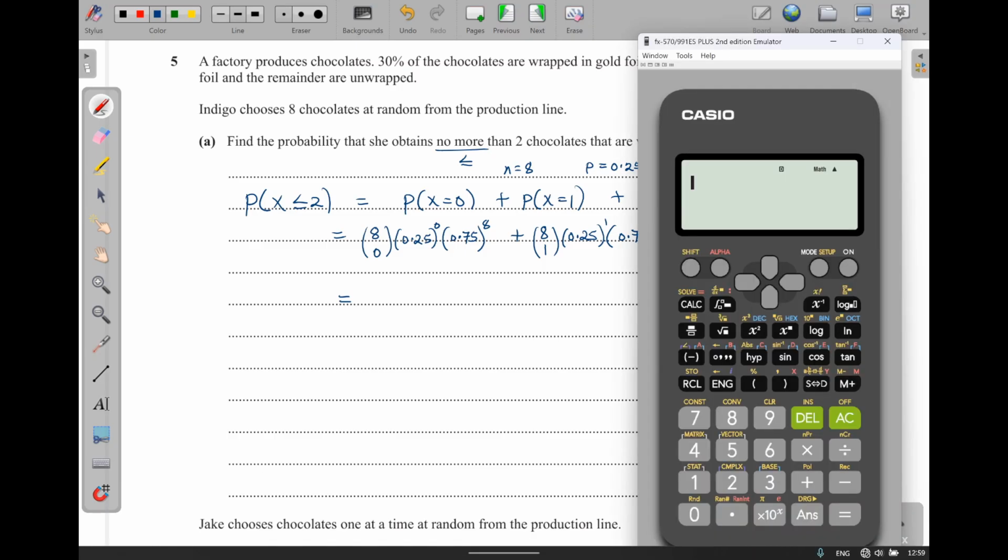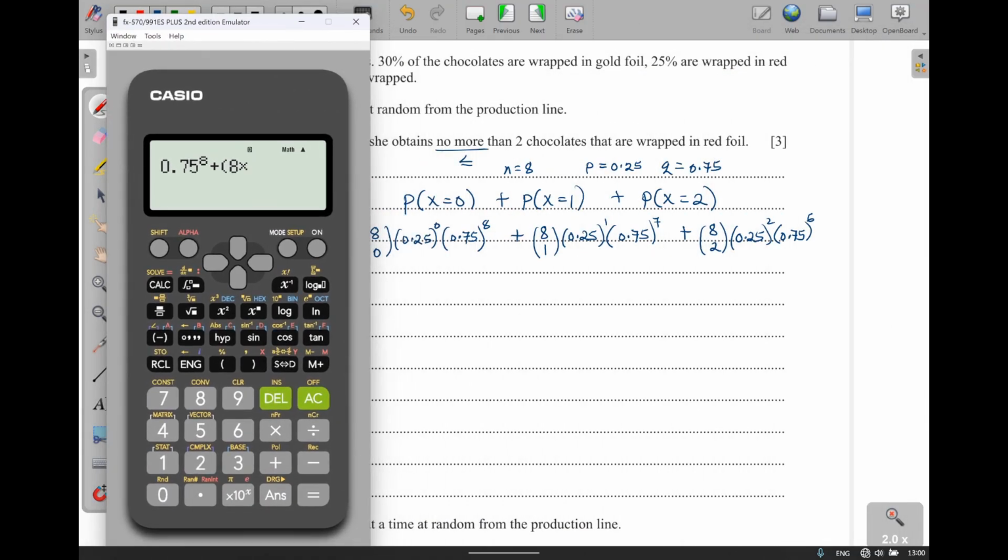So which answer do we get? Of course, 8 combination 0 is 1, and 0.25 power 0 is also 1. So I'll just put 0.75 power 8. Then next, 8 combination 1 is 8. Okay, 8 times 0.25, then times 0.75 power 7.